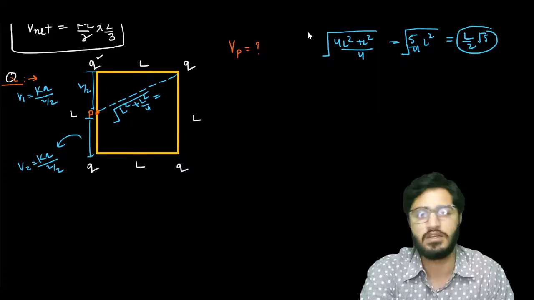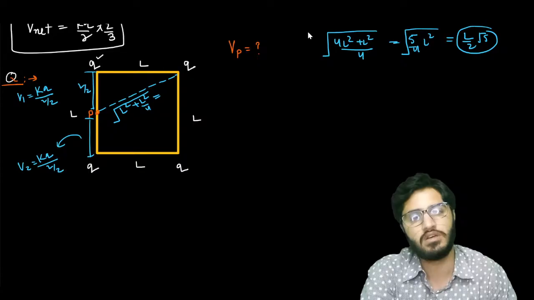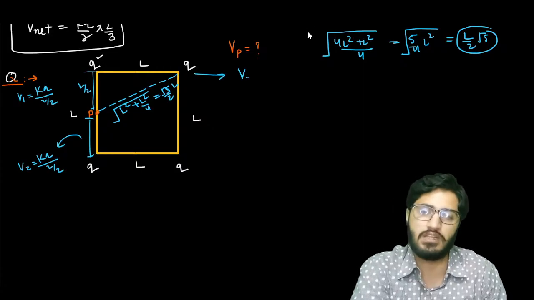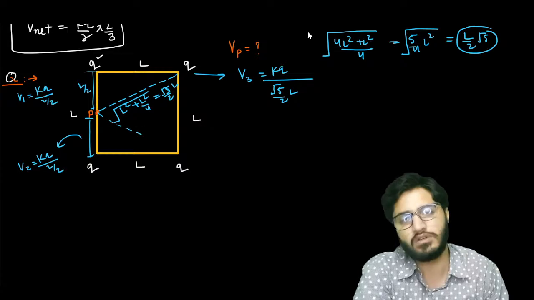Okay. So this length is equal to how much? It is under root 5 by 2 times L. Okay. So what is the potential due to this one? Sir, V3 is KQ whole divided by under root 5 by 2 times L. Now due to this one, I guess it is the same, no?